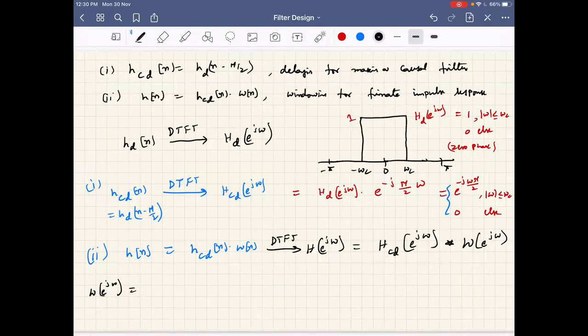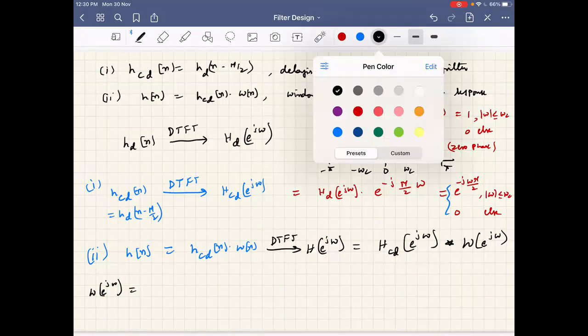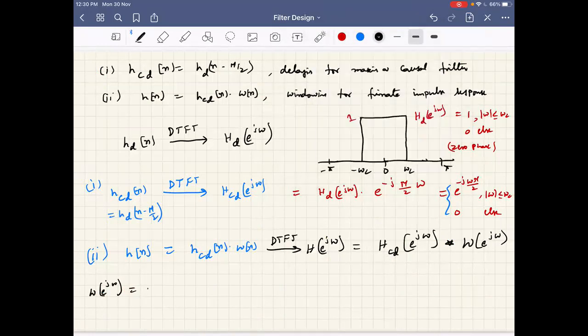The answer is e power minus j omega M by 2, sine of omega into (M plus 1) by 2, divided by sine of omega by 2. Please verify this.